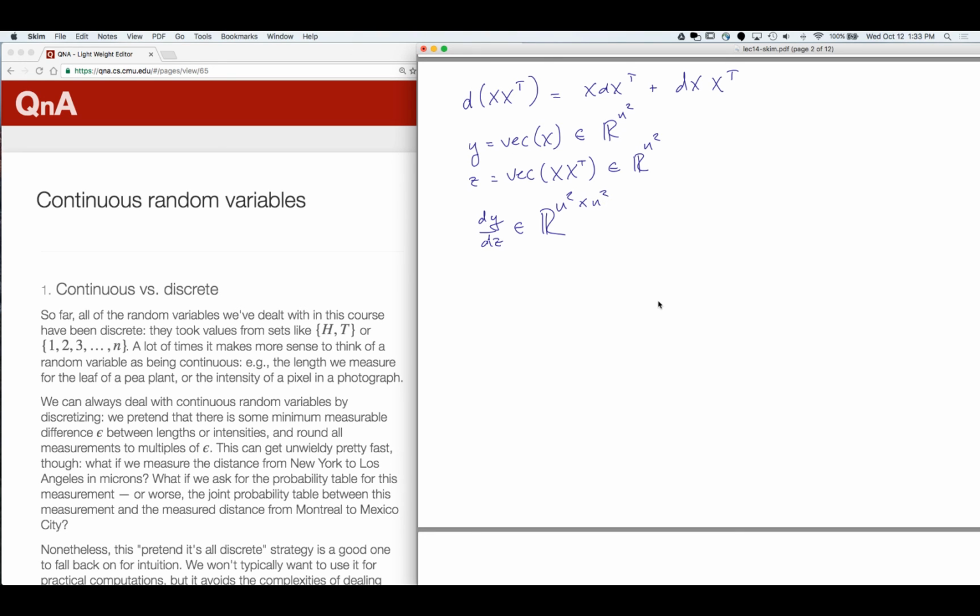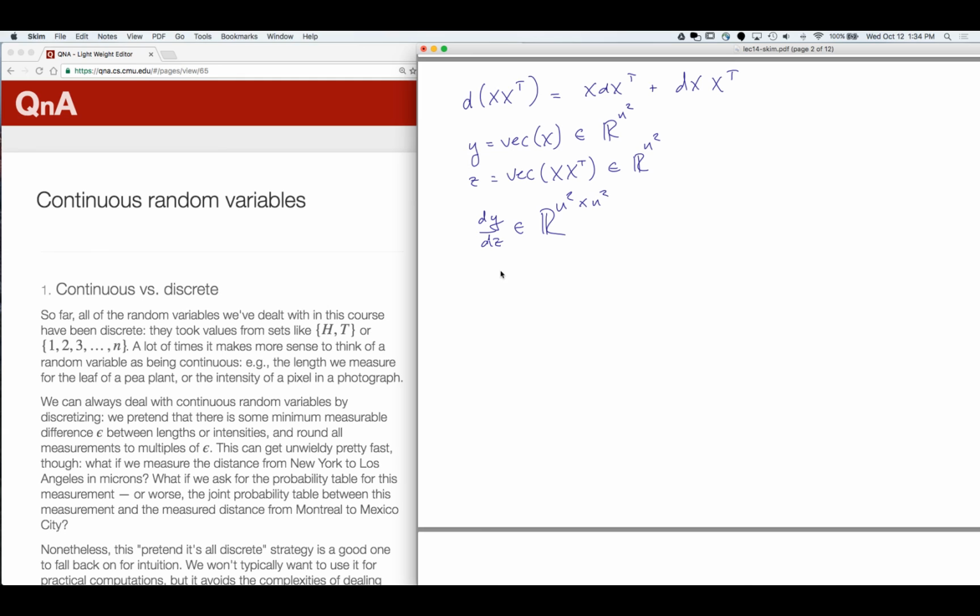If you want to write it down, let's say n is 1,000. These things take 1,000,000 entries to write out. This thing takes 10 to the 12 entries to write out. So we're talking about multiple terabytes of data even to write this out for a perfectly reasonably sized 1,000 by 1,000 matrix.